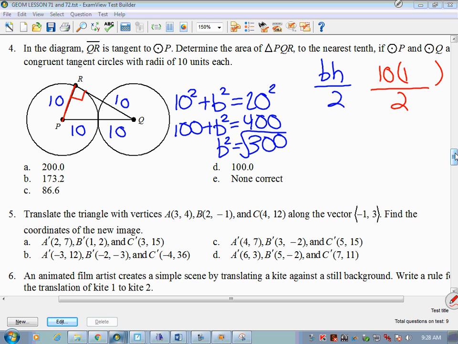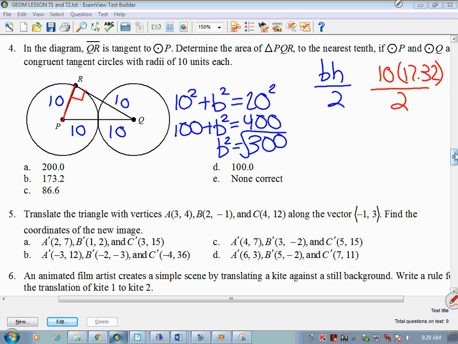17.32. Okay, let's take that 17.32 and multiply it by 10 and then divide it by 2. I've got a calculator in here. 10 times 17.32 divided by 2.